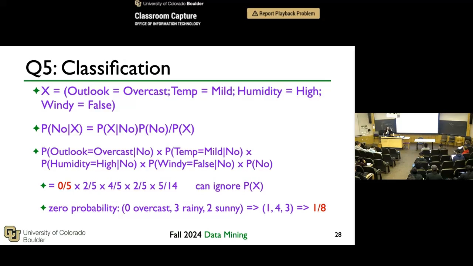Make sure you identify what the class labels are, and then how you compute the different class labels given x. Write out the steps, plug in the numbers. If you don't see 0, you're good. If there's 0, add another note, just saying if it's 0 probability, we need to make an adjustment.